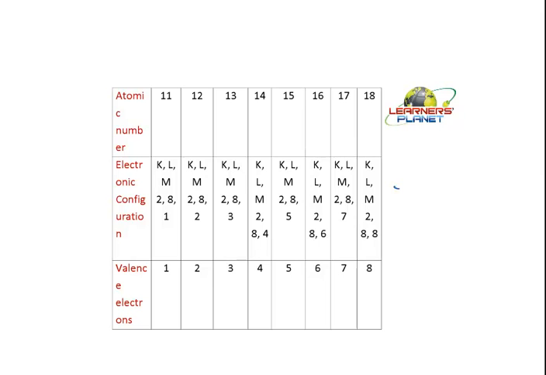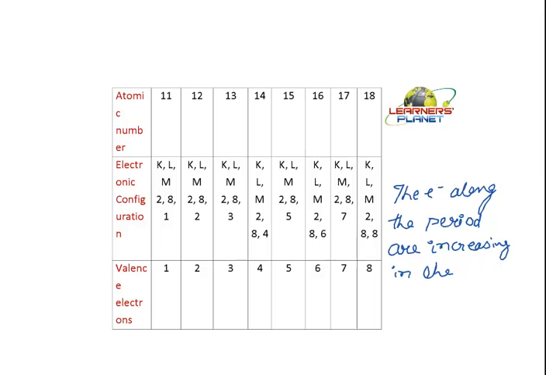The electrons along the period are increasing in the same shell. So this is the way valence electrons vary.